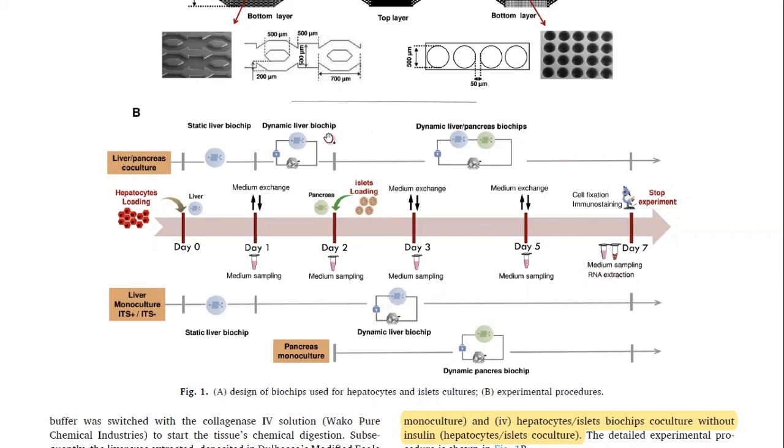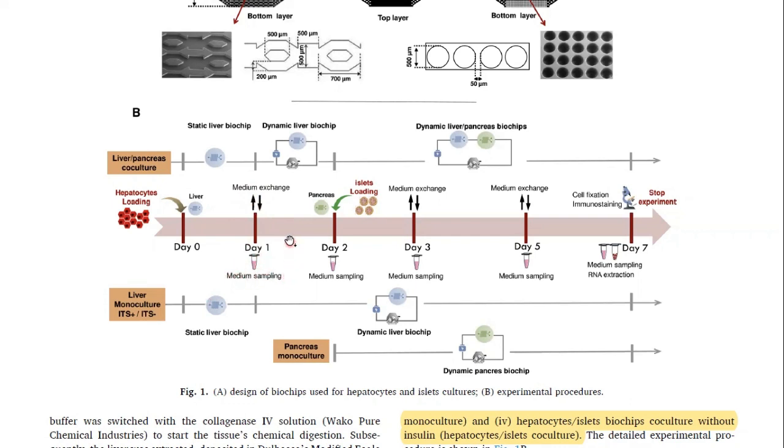For the hepatocytes-islets coculture observed here, the liver and pancreas biochips were prepared separately, as I mentioned before. First, the hepatocytes were inoculated in the liver biochip for 24 hours of addition and 24 hours of perfusion. The process is observed here. Day 0, the liver biochip is prepared and the hepatocytes were loaded. At day 1, there is a medium exchange, the 24 hours of perfusion I mentioned before, and the medium is sampled.